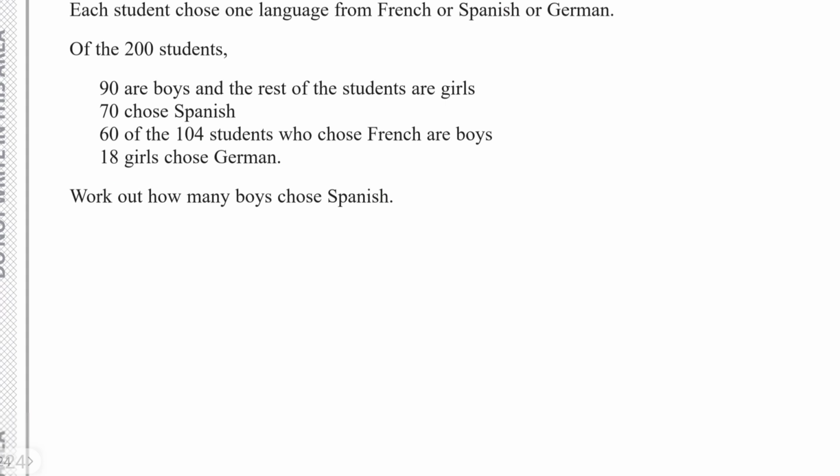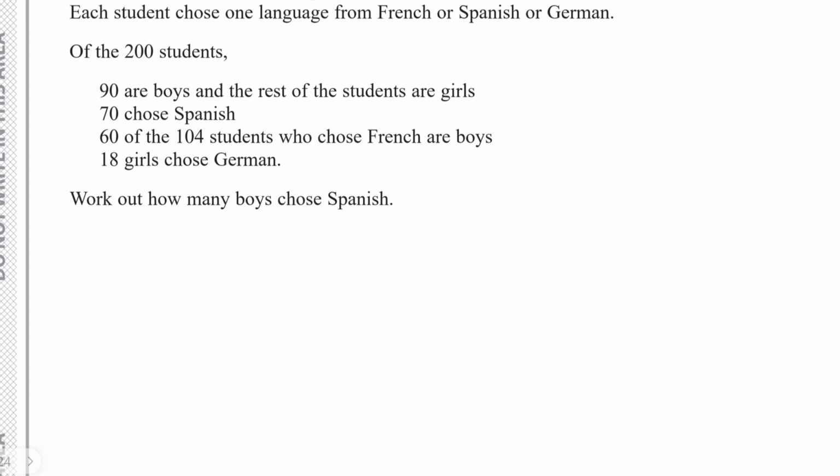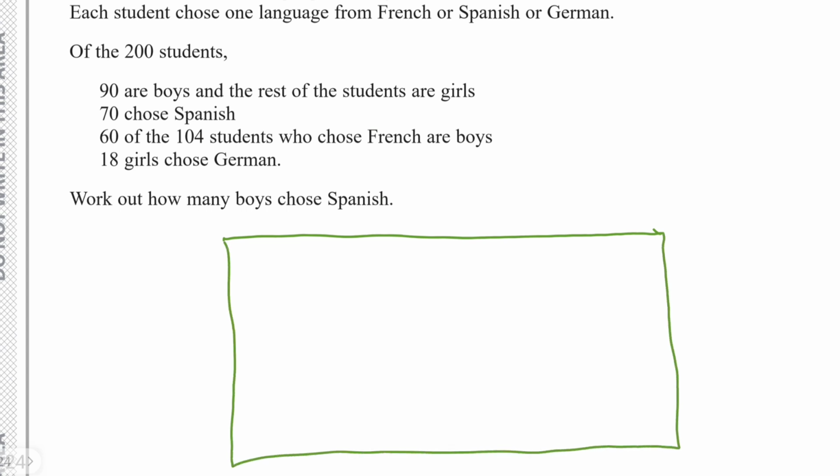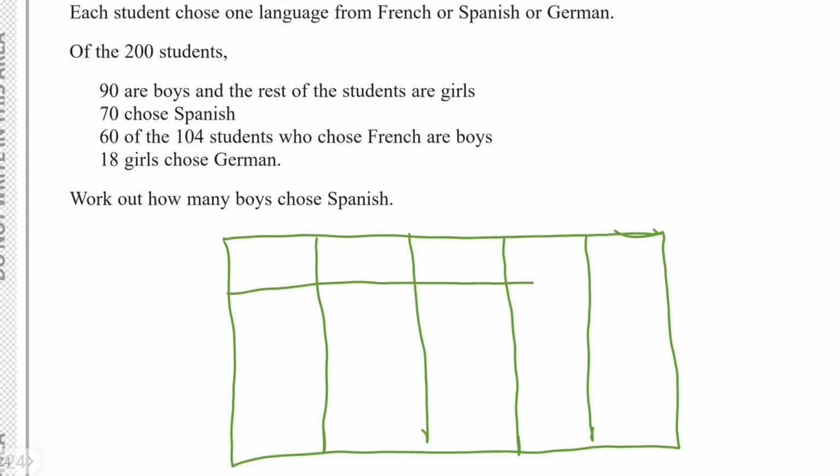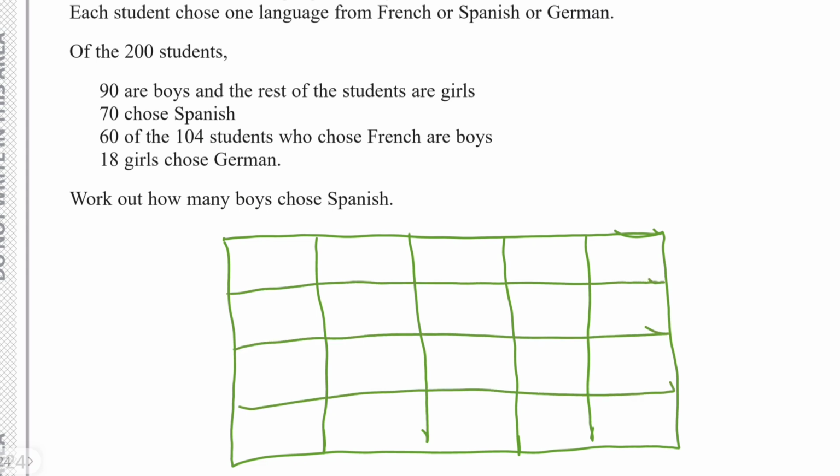So to solve this type of problem, the best thing to do is to draw a two-way table. So I will start by drawing a two-way table. So this is a total: German, Spanish, French. The header, boys, girls, and the total. So this is a total column.